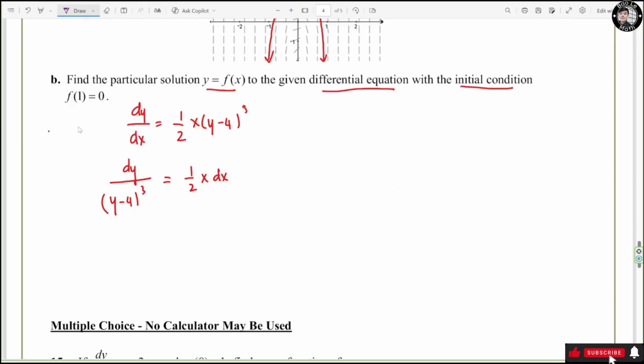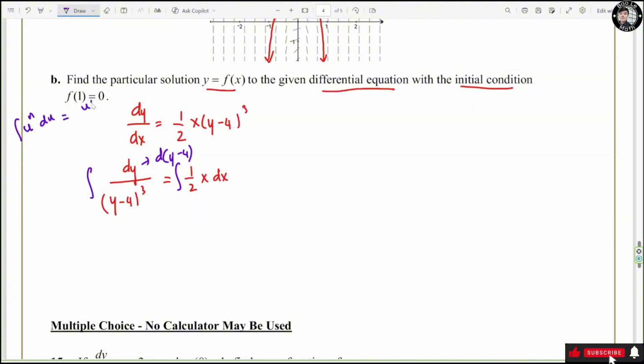And then you need to integrate both sides, right? Now the left hand side right here, you're going to use the power rule. Before you use the power rule, make sure you rewrite dy as d of y minus 4, right? Remember, dy is actually d of y minus 4, right? And then you can apply the formula antiderivative of u to the n du.